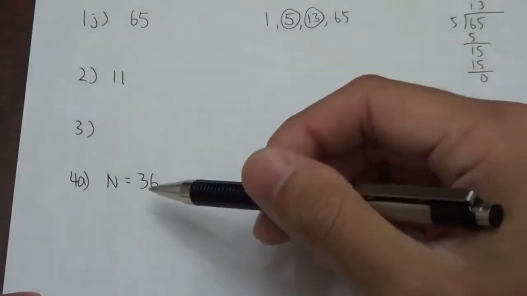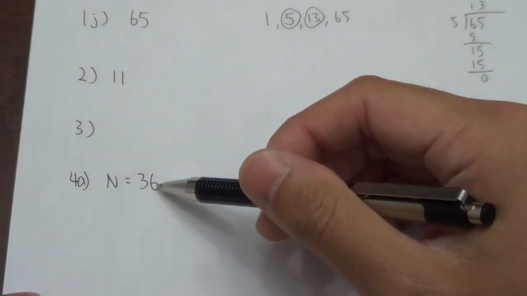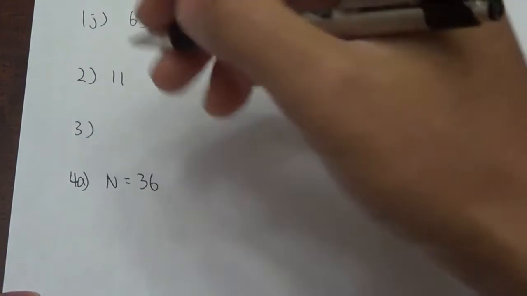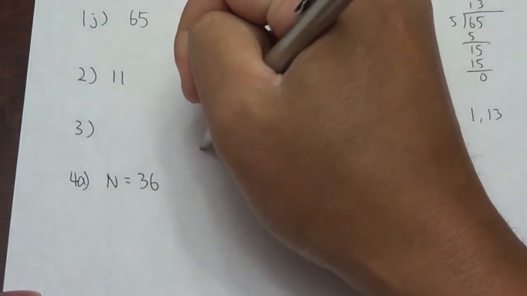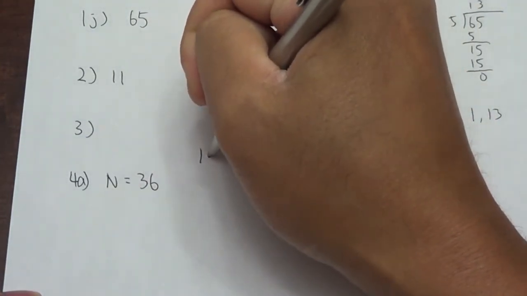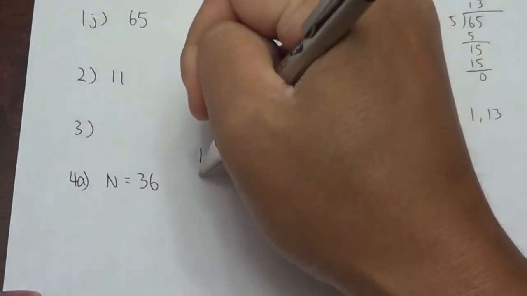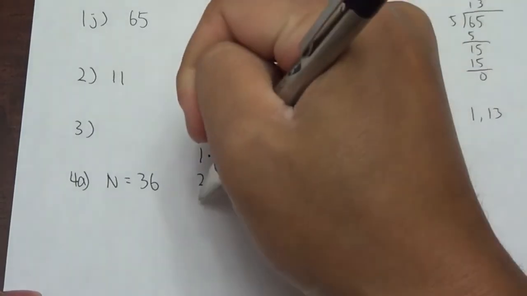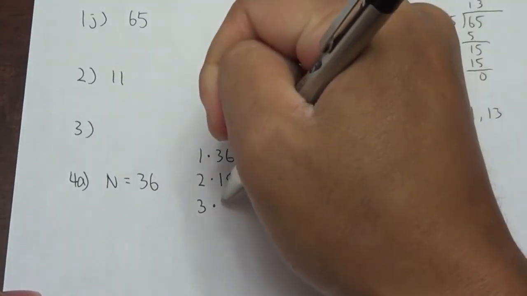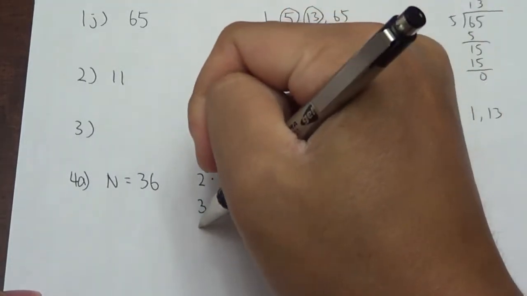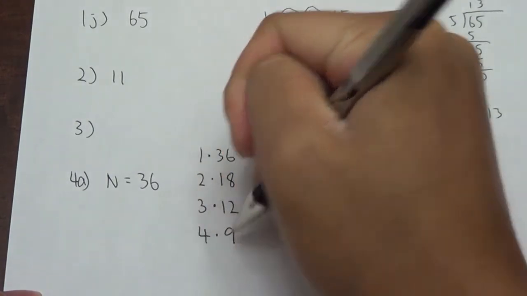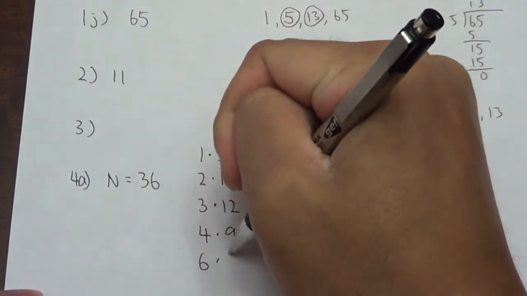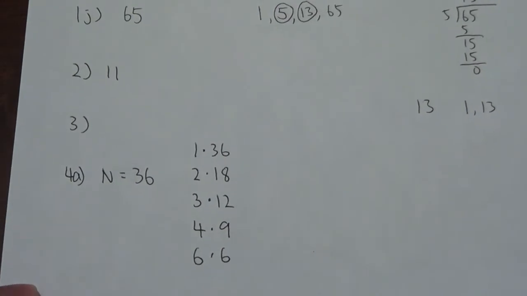So for A, we're given a number 36, and I usually like to work just on the side. 36 is 1 times 36. It's 2 times 18, 3 times 12, 4 times 9, 6 times 6.